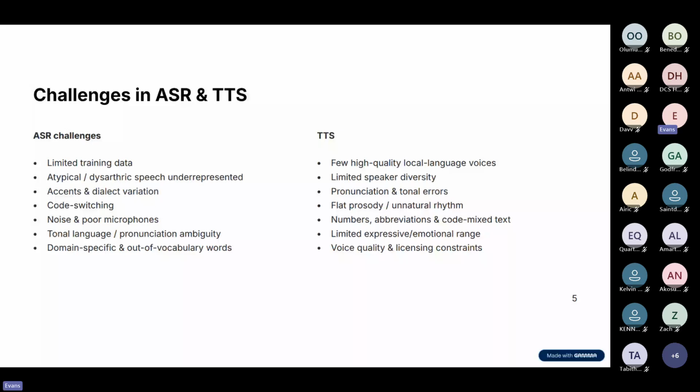So with ASR, there could be limited training data, right? And also the atypical and archaic speech is underrepresented. That is, if you want to solve speech impairment and all that, you may not have enough data out there. Maybe you may decide to collect your own data.